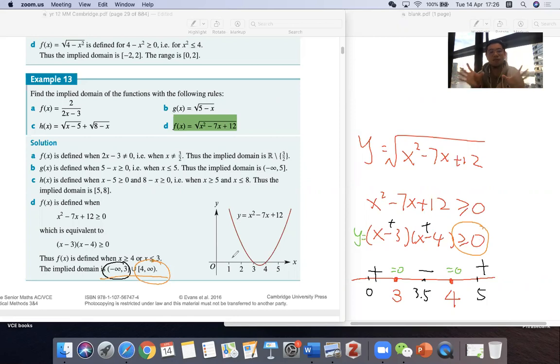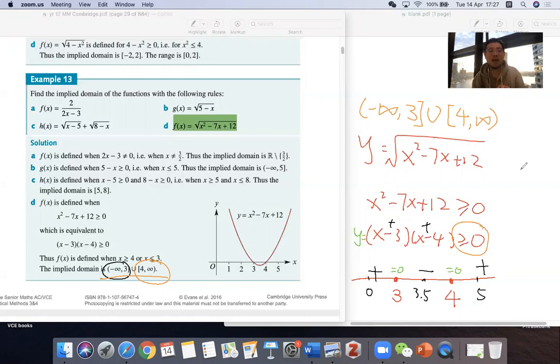And connecting them according to our first unit, chapter 1A, is called union, okay? So it's negative infinity to 3, square brackets, union 4 to positive infinity, okay? That's how we do it.